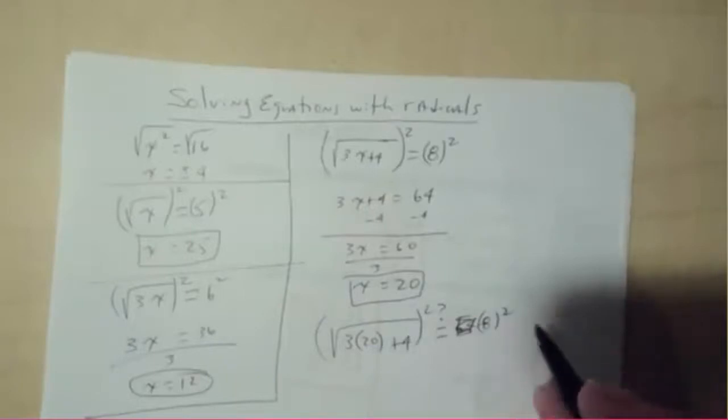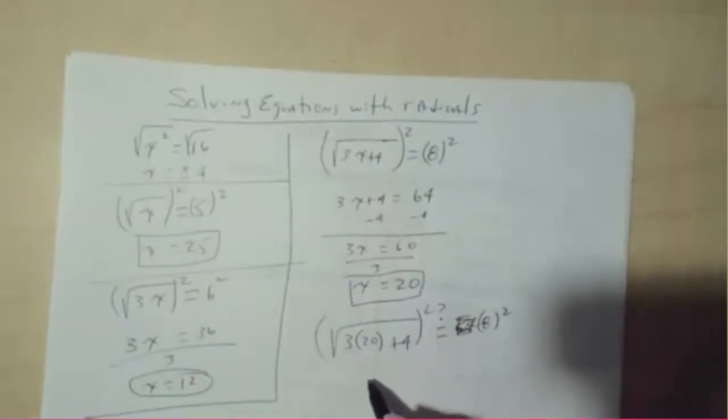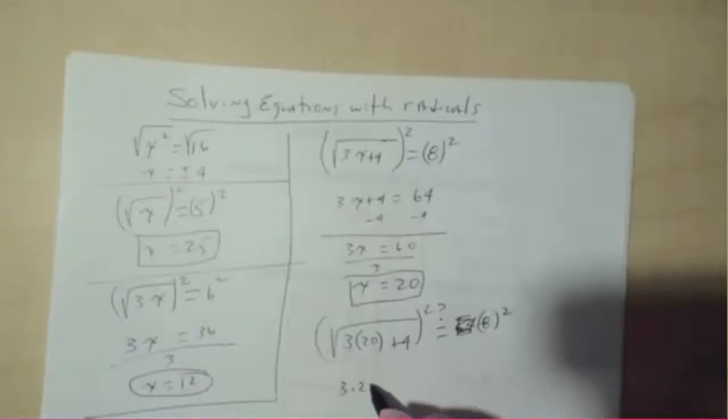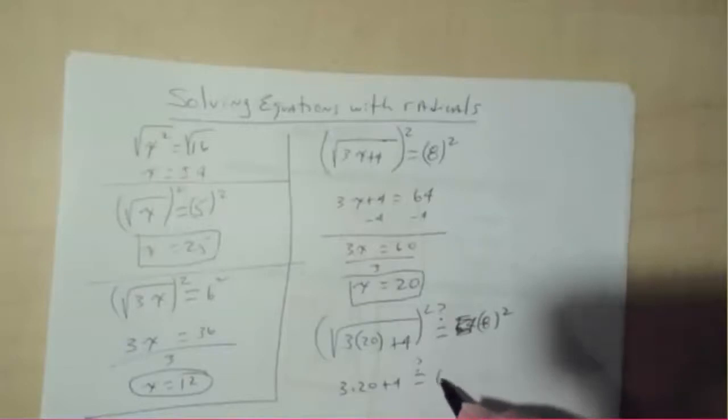Square this side, square this side, so we get 3 times 20 plus 4. Does that equal 64? 3 times 20 is 60. 60 plus 4 is 64. Does equal 64. So this is a good solution.